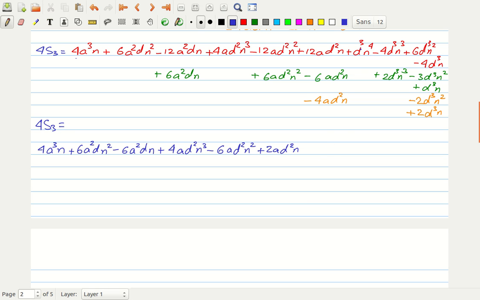Now this is plus d cube n to the power 4. Now this is plus 4d cube n cube minus 4d cube n cube plus 2d cube n cube, so this becomes minus 2d cube n cube.